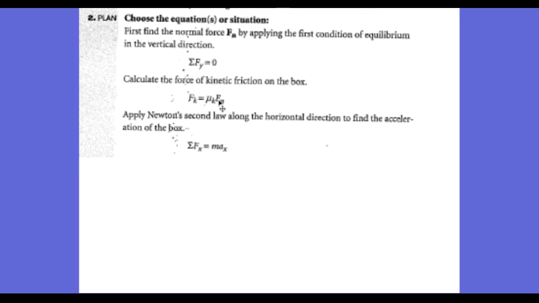And once I know the normal force, that's going to allow me to figure out how much friction I have, because friction is the coefficient of kinetic friction times the normal force, and then I will use that frictional force in my expression for the sum of the forces in the x direction. Okay, so that's the plan.